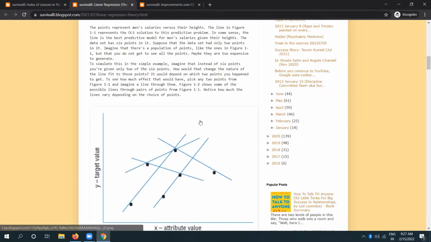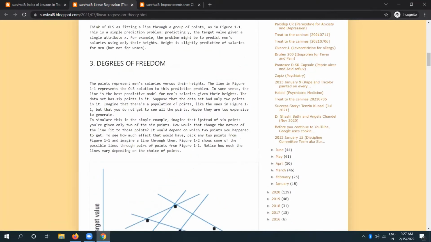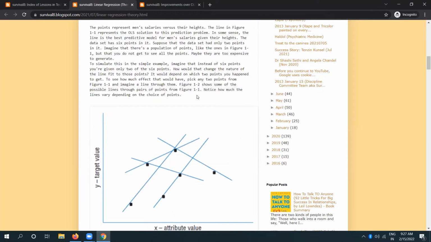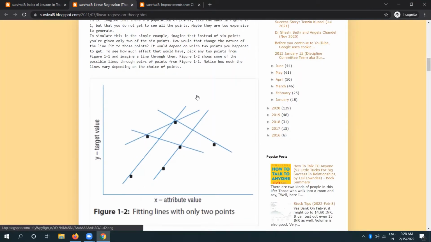Now when we come to any machine learning model, there comes this concept of degrees of freedom. Suppose your data set has only 2 points. In linear regression your model is a straight line, right? Your model is y equals mx plus c.